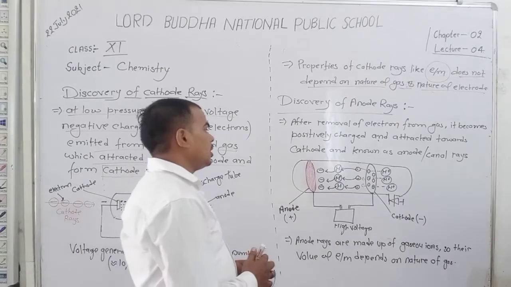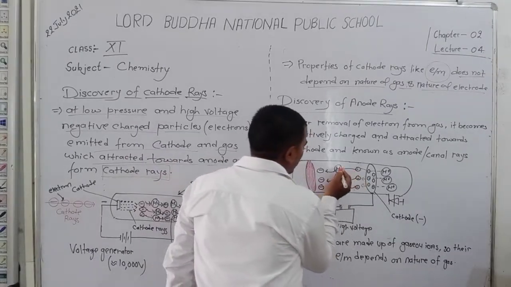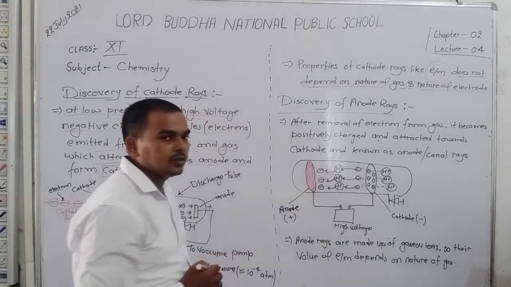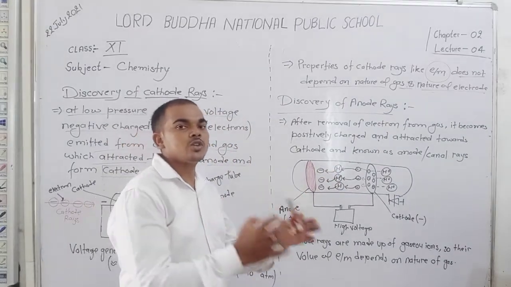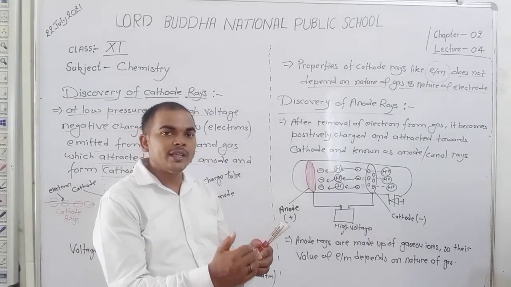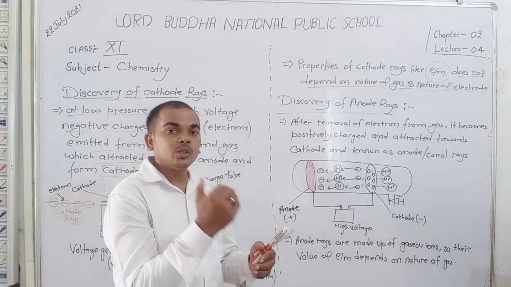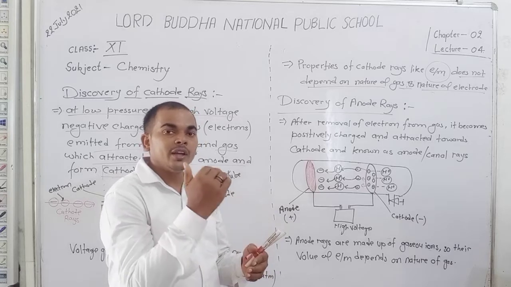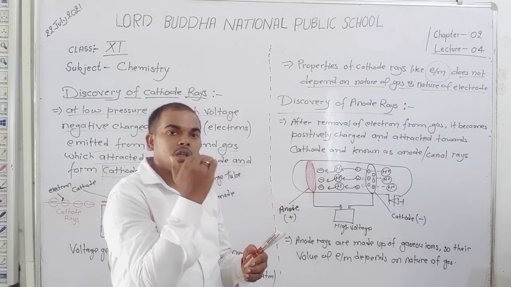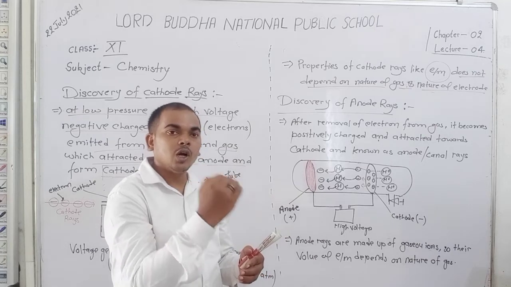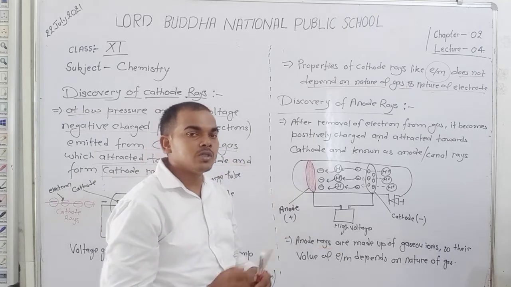When they hit the gas, the gas also generates negative charge particles. Negative charge particle means electron. It means when we apply high voltage at low pressure, the cathode emits negative charge particles, that is electrons, and the electrons hit the gases present in the tube. Then the gas also emits electrons.